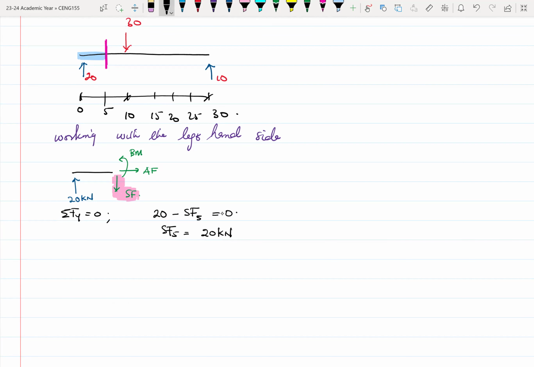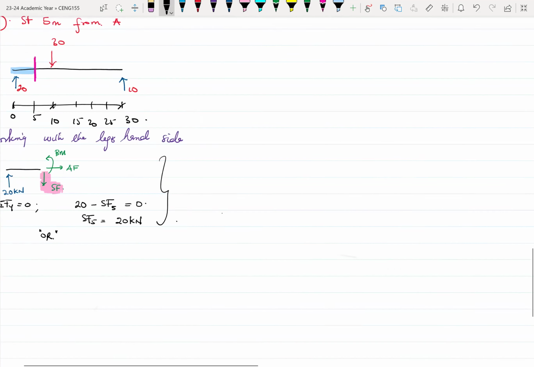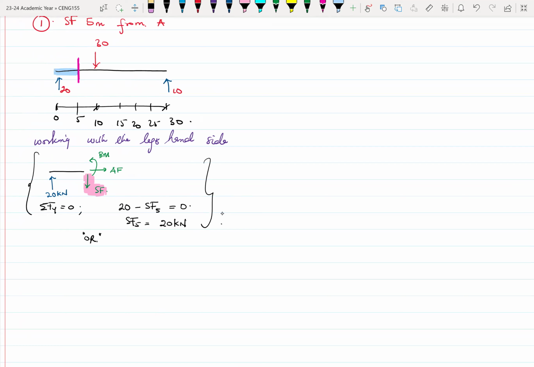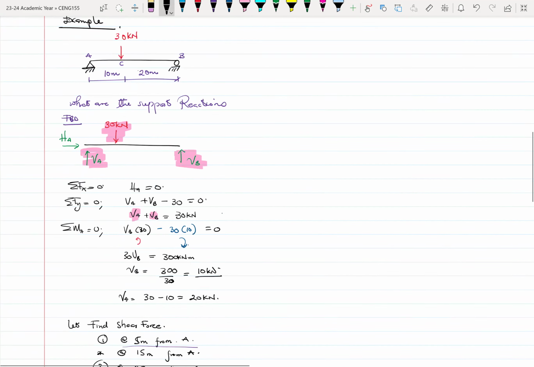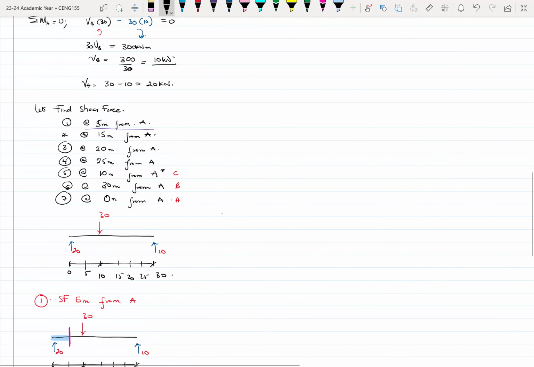This approach is fine. Let me put that into brackets. And then let's use the sign convention. Okay, the sign convention method. So let me put here a big O. I think I can write on the right hand side, when the O will be on the right hand side, so it's fine. Let me see. Okay, I think I'm good to go.